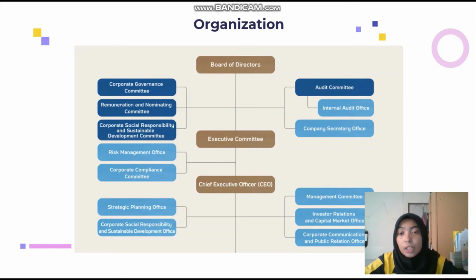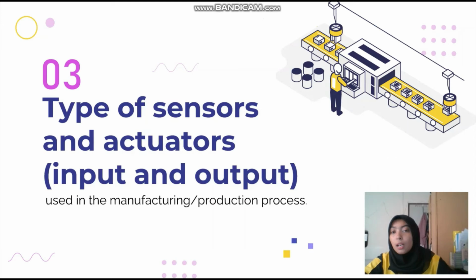Next is the chief executive officer, which includes the strategic planning office, corporate social responsibility and sustainable development office, management committee, investor relation and capital market office, and the last one is the corporate communication and public relation office.